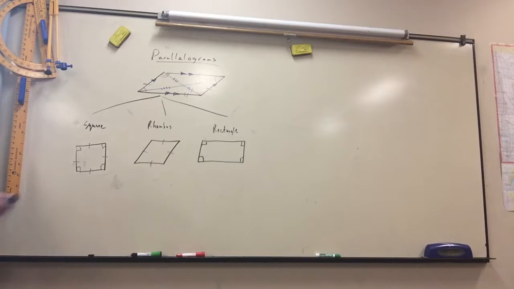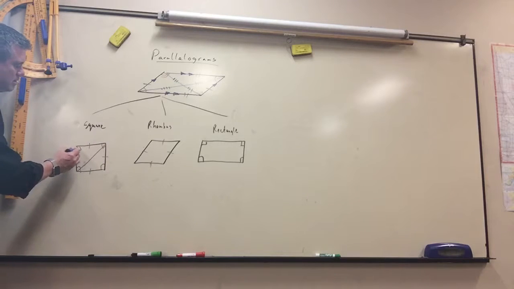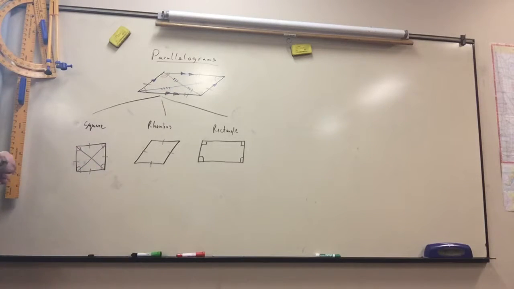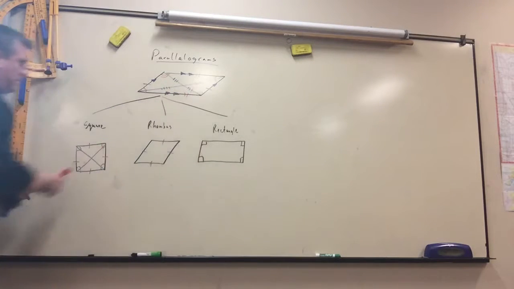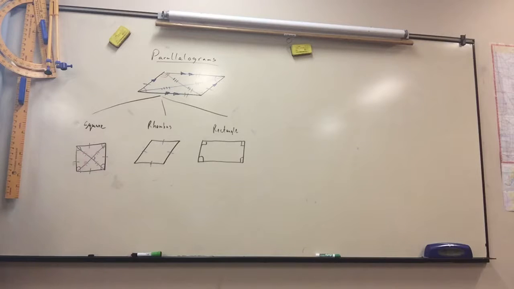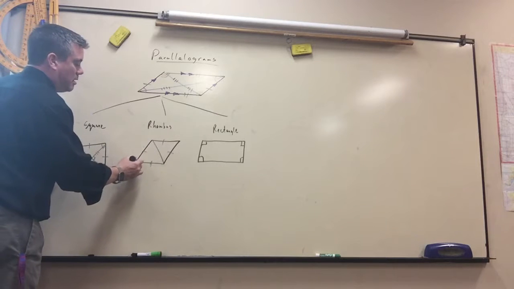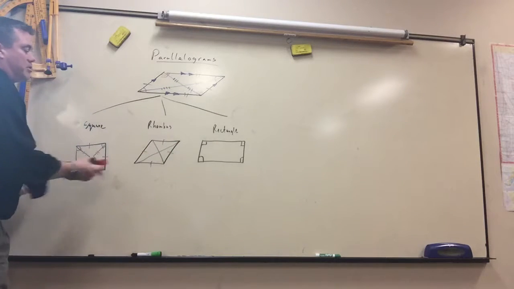And another thing that's different is in a square, the diagonals not only bisect each other, they're perpendicular and they're all the same. So on a rhombus, they bisect each other, but they're not all the same.